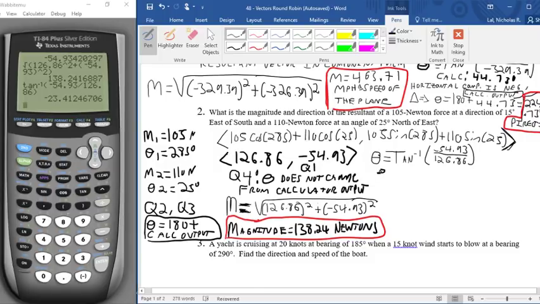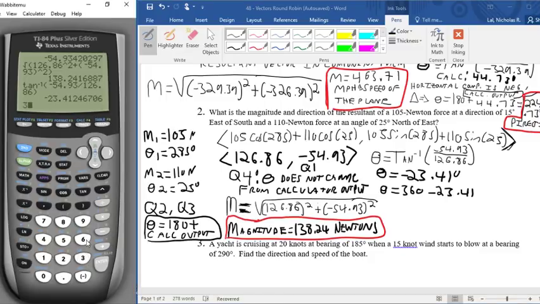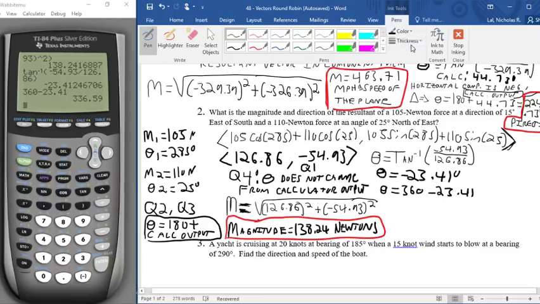This is a correct answer, but we can also represent this as theta equal to 360 minus 23.41, which is going to be equal to 336.59 degrees. All right, that is our value, 336.59.